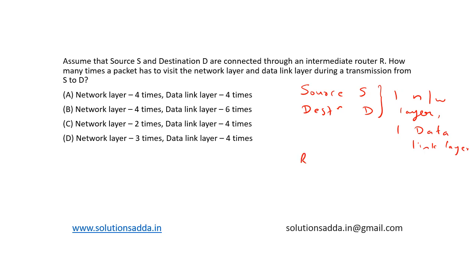Whereas for router R, there are two data link layers and one network layer.